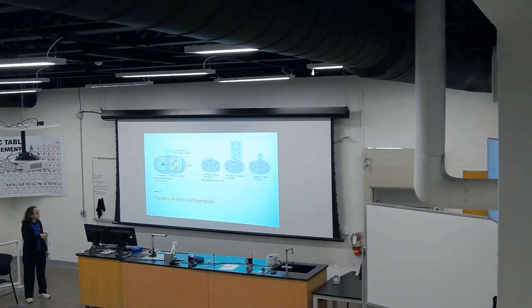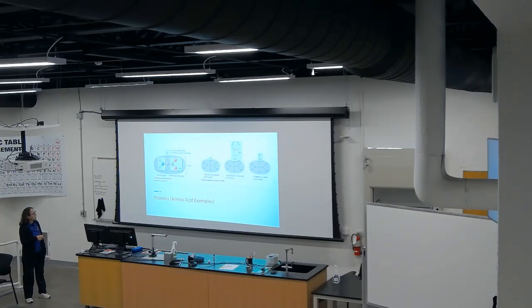So here are examples of amino acids. The simplest amino acid that we have is glycine. It has this amino group, this central carbon, and this hydrogen. Oh, and I forgot to tell you, amino acids also have this carboxyl group, which is basically this carbon with these 2 oxygens and this hydrogen.